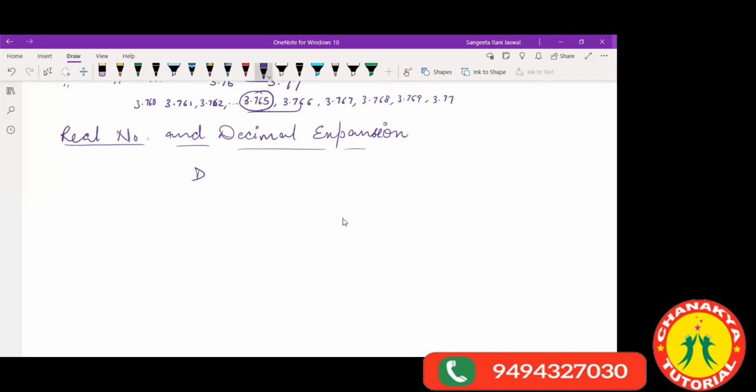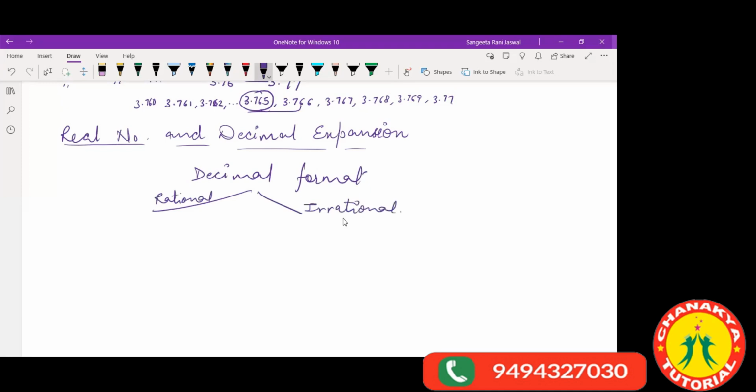So what is the decimal format? Let's write that first. On one side, let's suppose we have rational numbers, and on the other side we have irrational. You can note down also if you want.